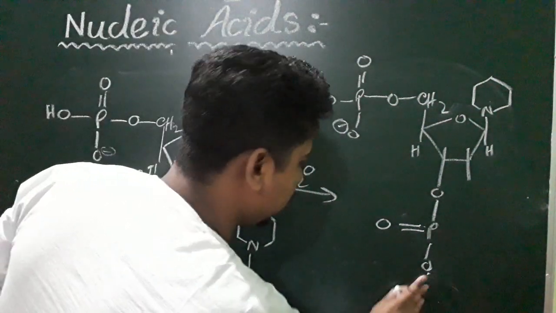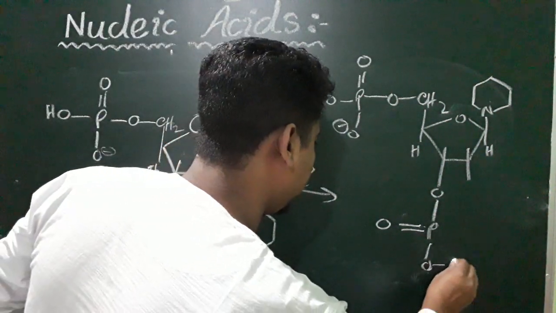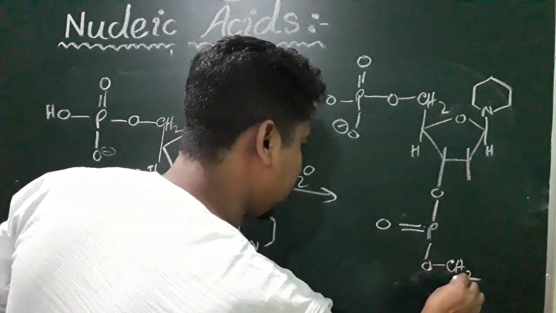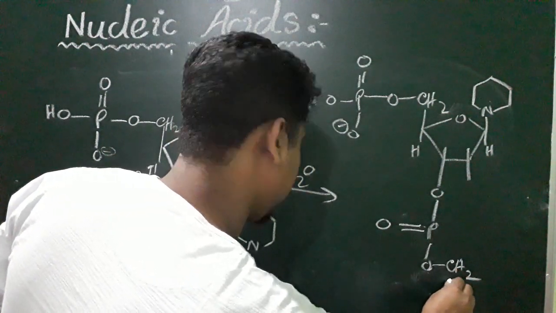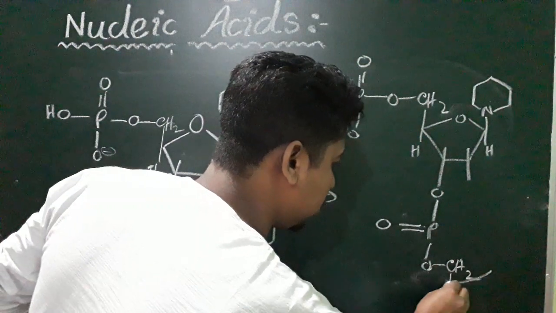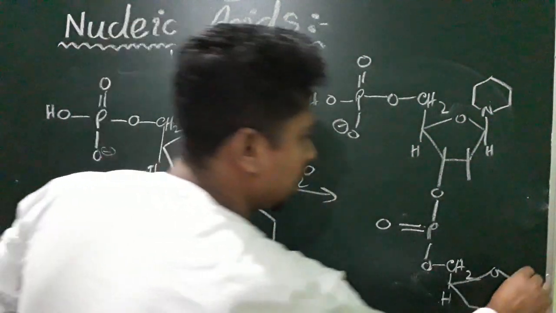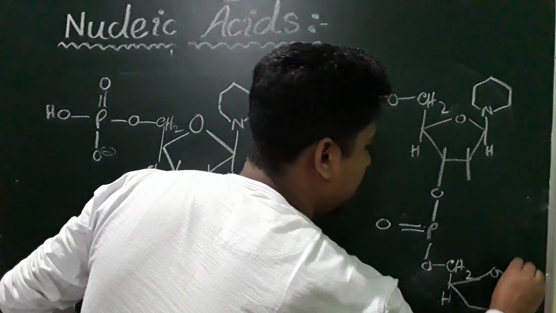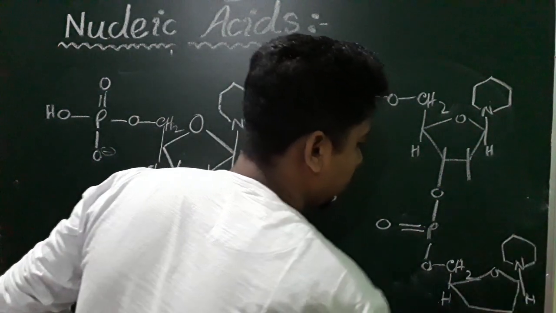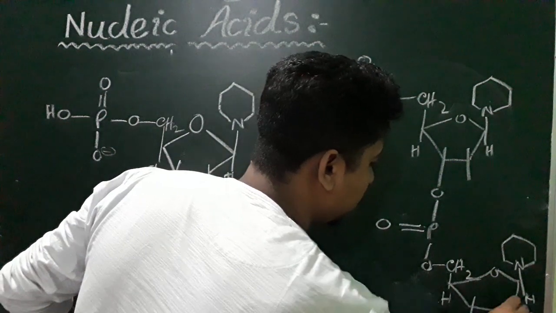This CH2 we can write on the right side also. Here we have CH2, then we have H, and this is linked with another heterocyclic nitrogenous base. Here we have hydrogen, and here we have OH.